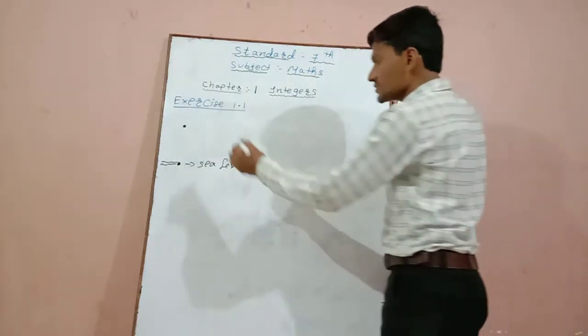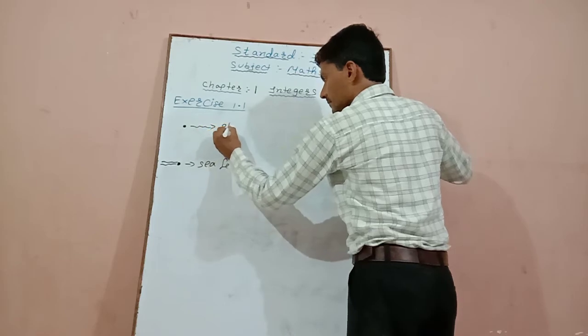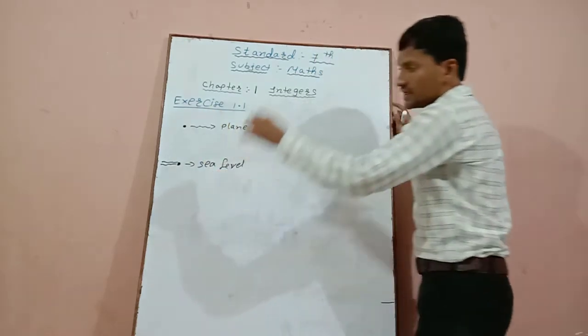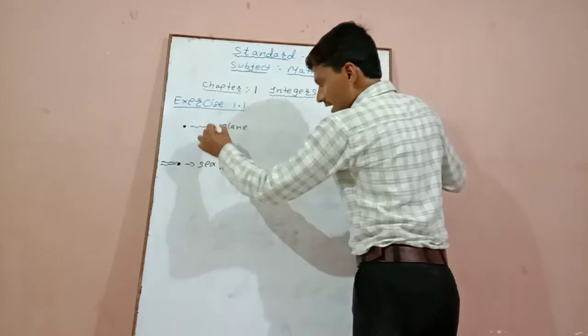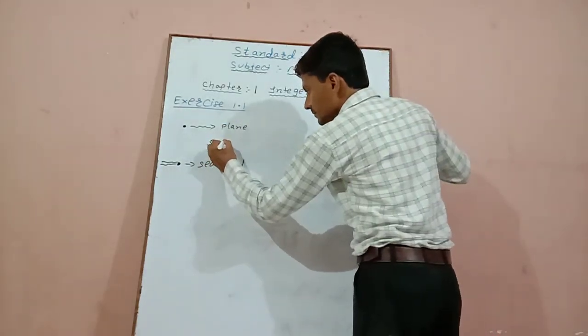Now from sea level the plane is here, and the difference between sea level and plane is 5,000 meter.